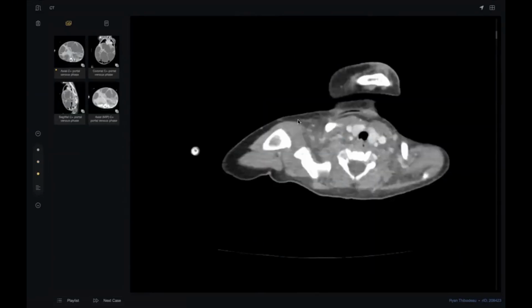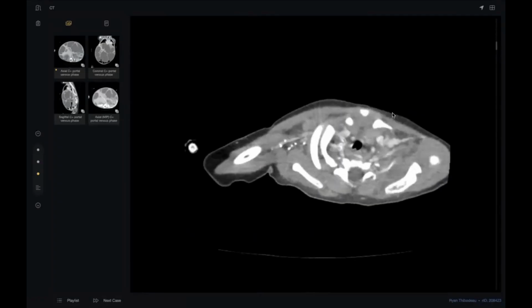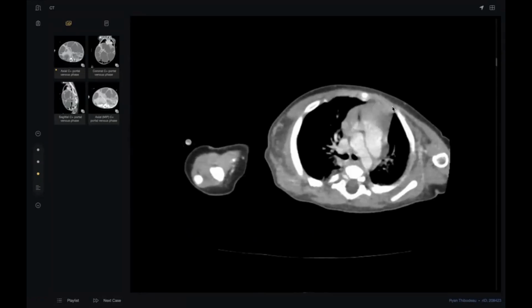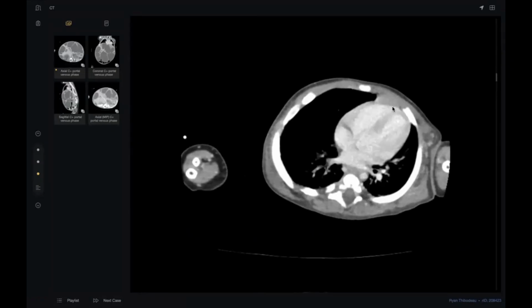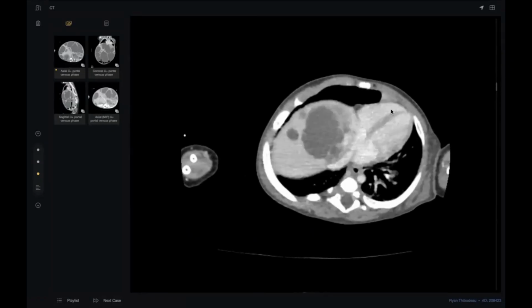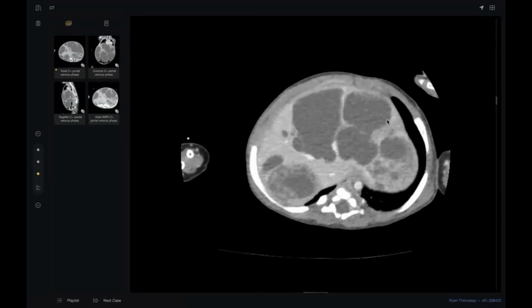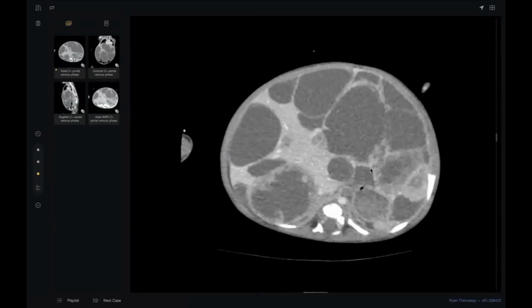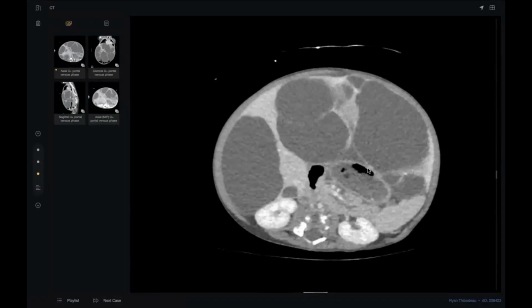Go on. Okay, these are contrast enhanced CT sections, axial slices of the neck, chest, abdomen, and pelvis. I'm scrolling down. Now, I could see the exact location of this mass.